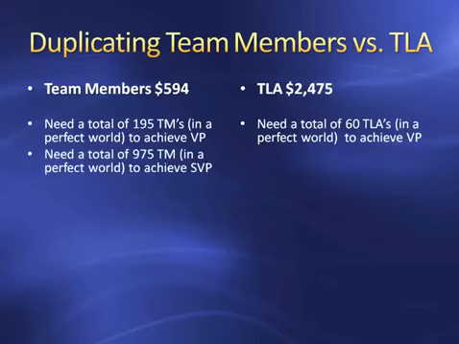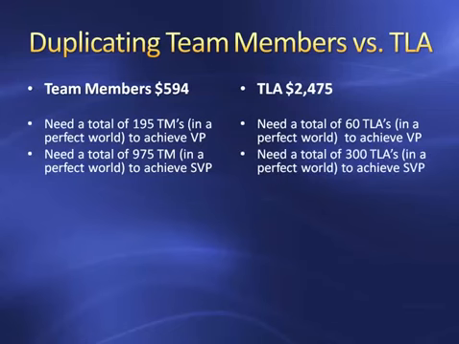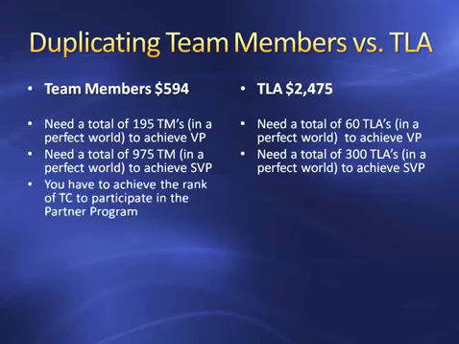And the top level, in which you receive a villa at the Dubli Golf Resort in Grand Cayman, you need a total of 975 team members in a perfect world to achieve senior vice president. Yet if you're duplicating TLAs, you only need a total of 300 TLAs in that perfect world to achieve senior vice president.